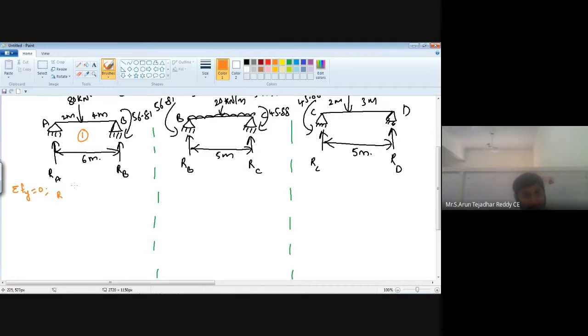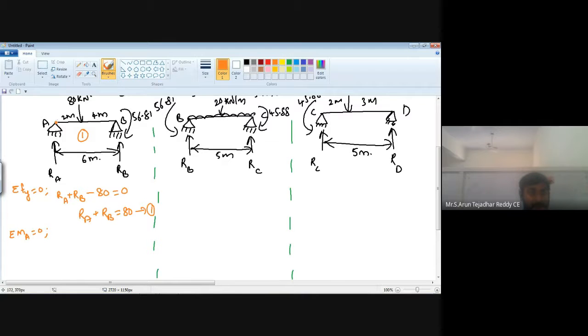Here RA and RB both are moving in the upward direction, so we can write RA plus RB, and 80 kilonewton is moving downward, so minus 80 is equal to 0. RA plus RB is equal to 80. That gives one equation.